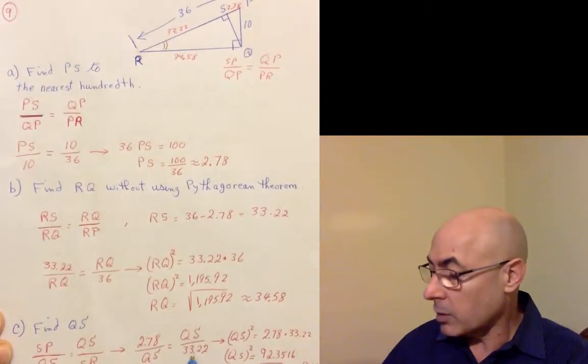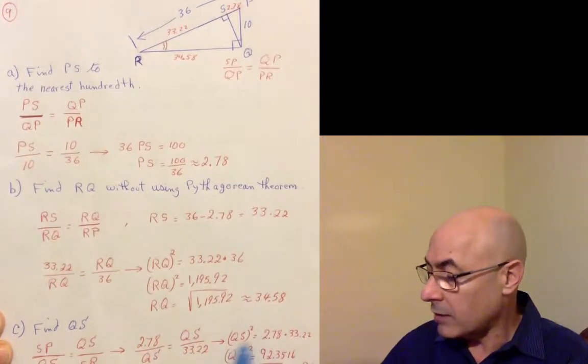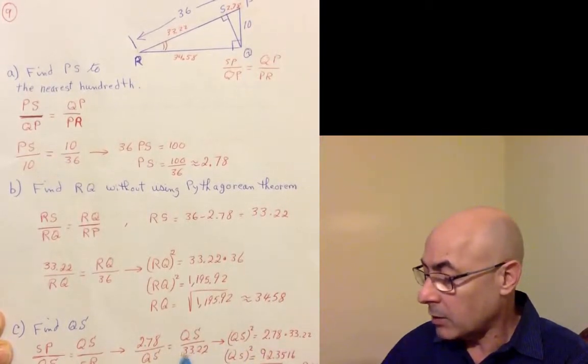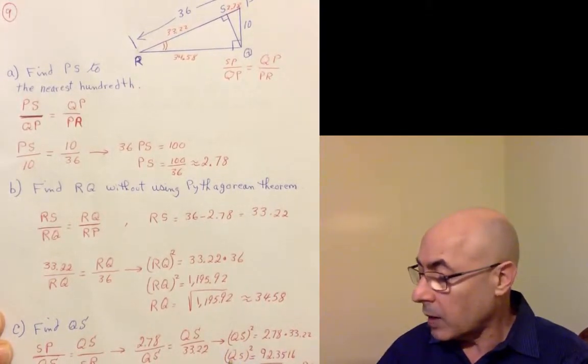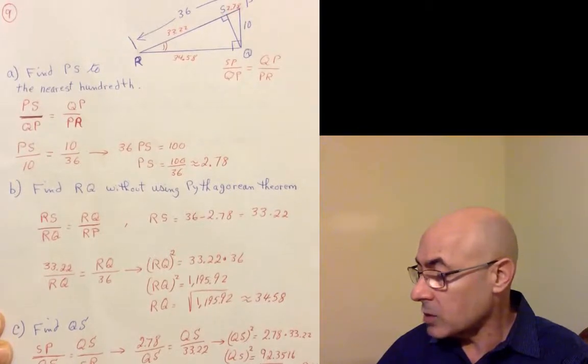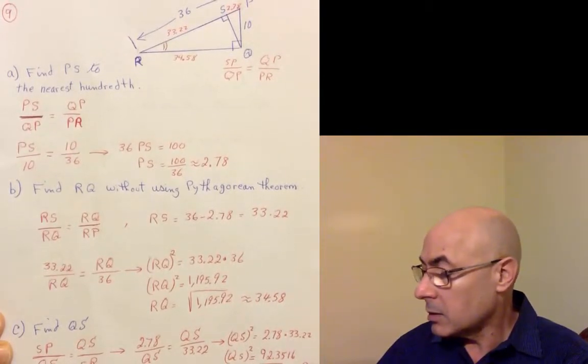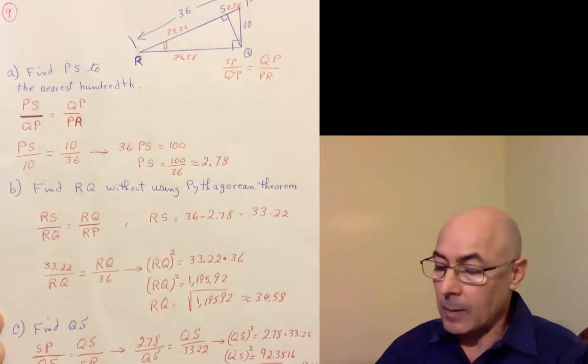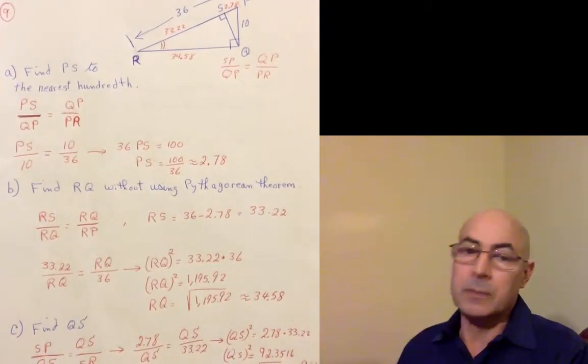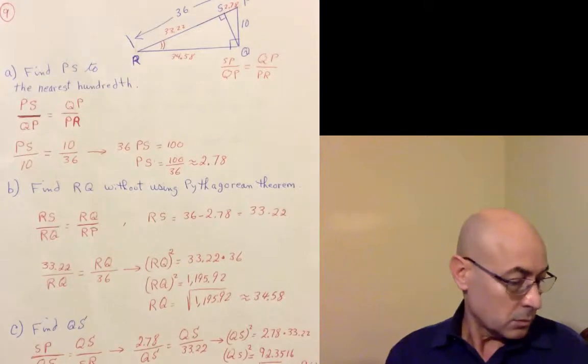Now cross multiply, QS squared equals 2.78 multiplied by 33.22, which is going to give me this number. I want to find QS by itself, so we square root both sides and we get 9.61. And that was part C.